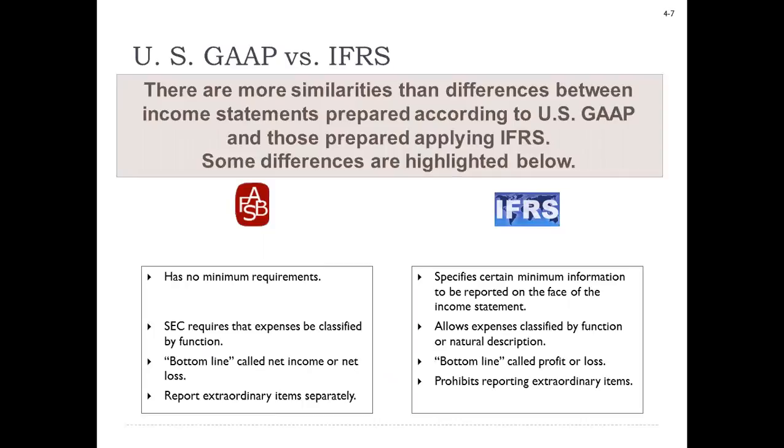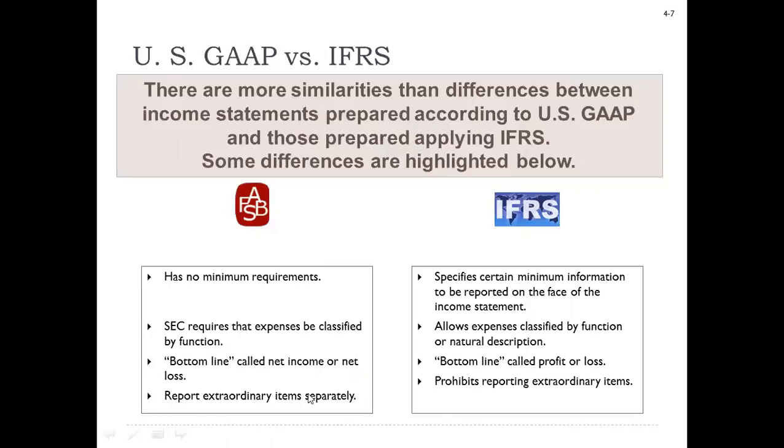One is that the bottom line of the income statement in the US is called net income, whereas, and it's just a terminology difference, in IFRS the bottom line is called net profit or loss. Okay, so we don't use the word net profit in US GAAP, we call it net income, whereas internationally it's called profit.